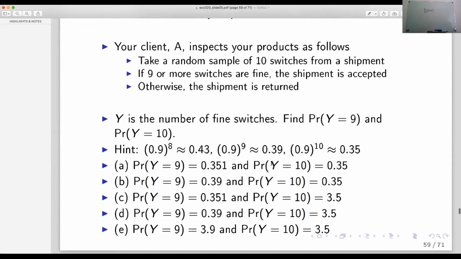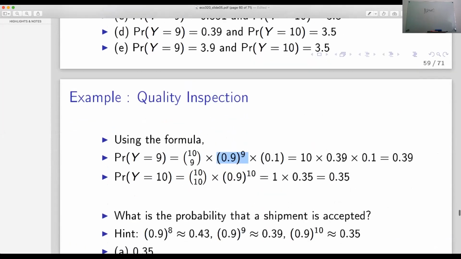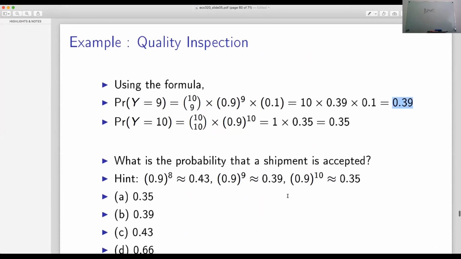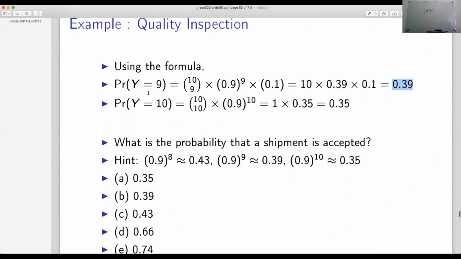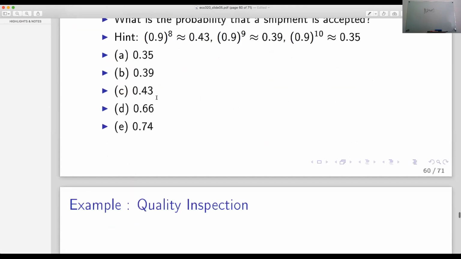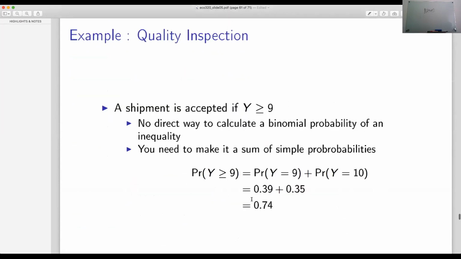You just multiply them: 10 times 0.9^9 times 0.1 would be this. And similarly, this is your answer. So what is the probability that the shipment is acceptable? As long as y is greater than or equal to 9, the summation of these probabilities will be your answer.